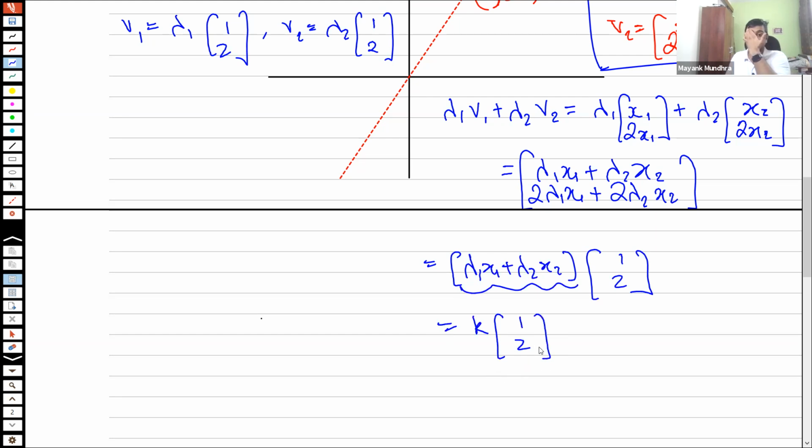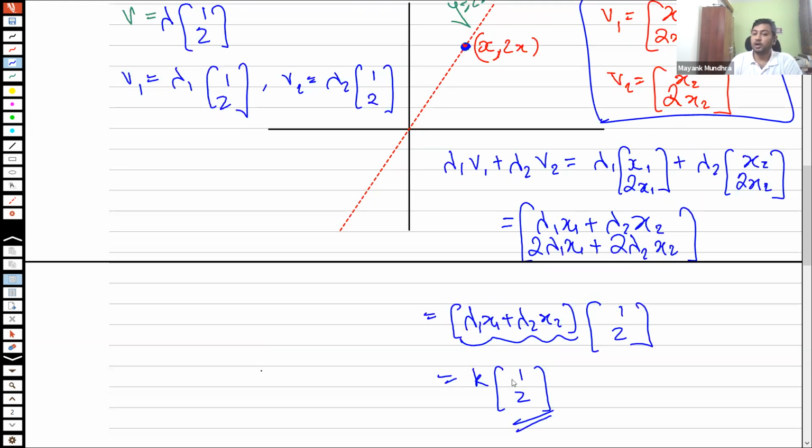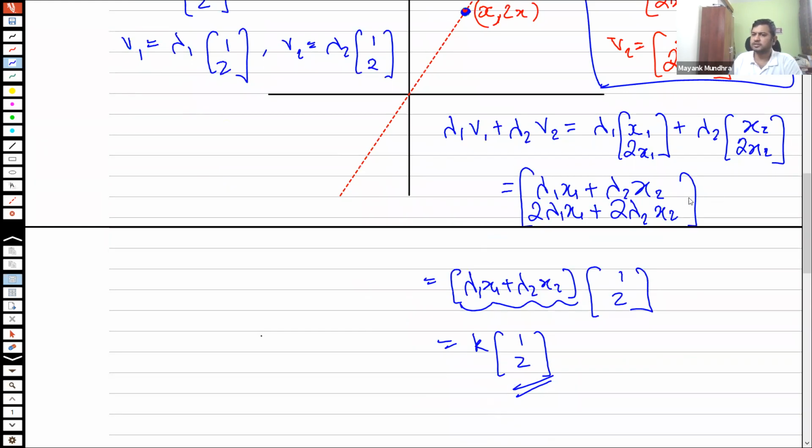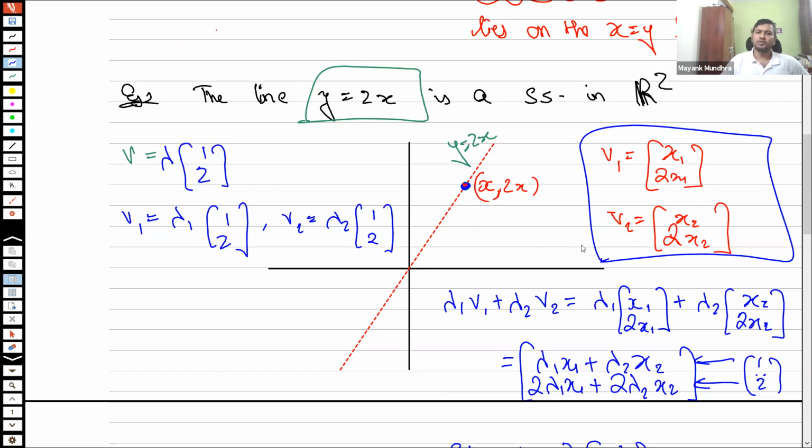This again is a point along the line y equals 2x, because the coordinates still maintain the ratio 1:2. So we have all these lines as subspaces. This is what characterizes a subspace.